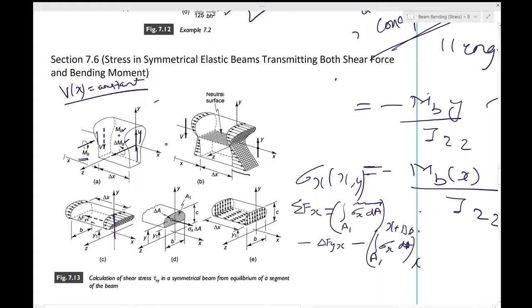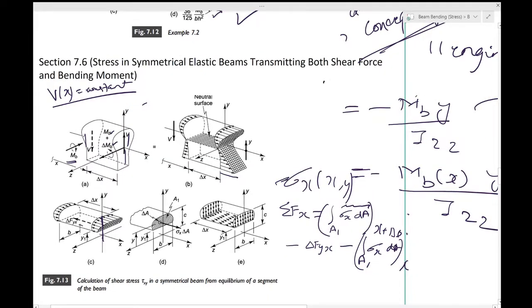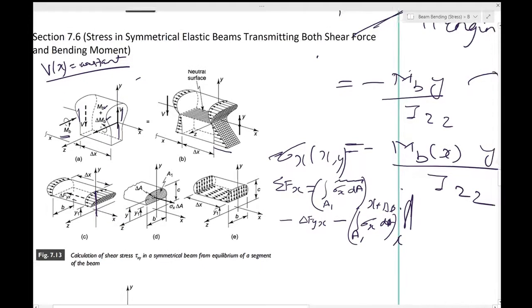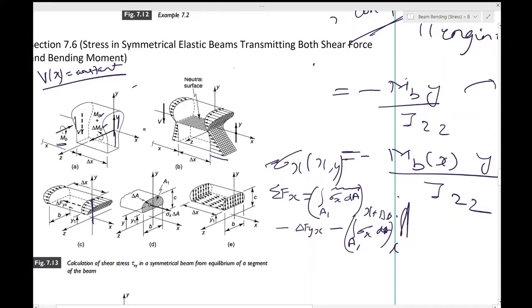Then substitute this assumption which you had made, 7.16, into 7.19, and you would be able to find this relation: dFyx over dx, when this delta x is small.